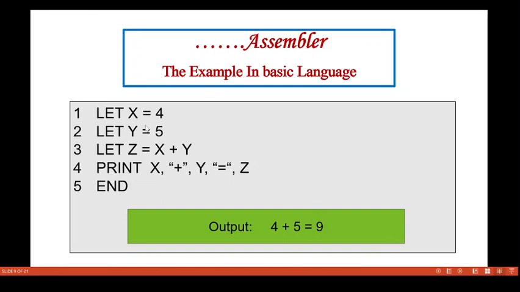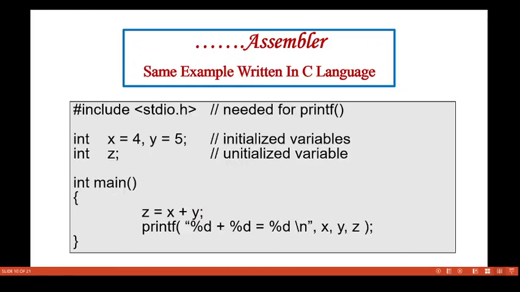So this Basic programming language is a high-level programming language. This is another example of a language, which is C. This is how you can compute 4 plus 5 in the C programming language.